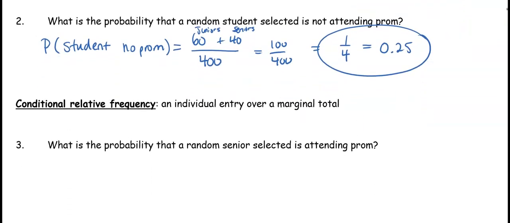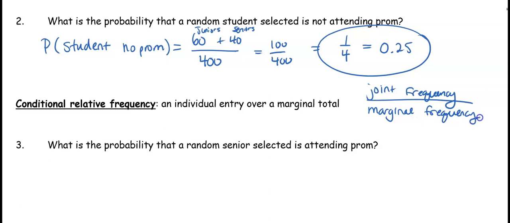All right, and then the last one is conditional relative frequency, an individual entry over a marginal total. So joint frequency over marginal frequency. What is the probability that a random senior, that's our change there, selected is attending prom?